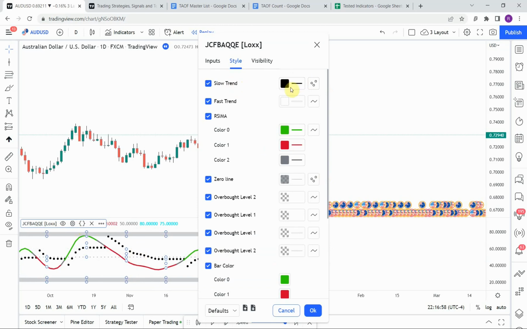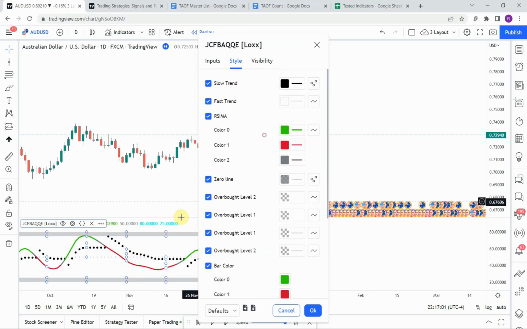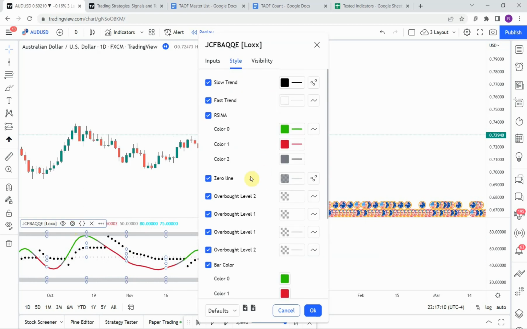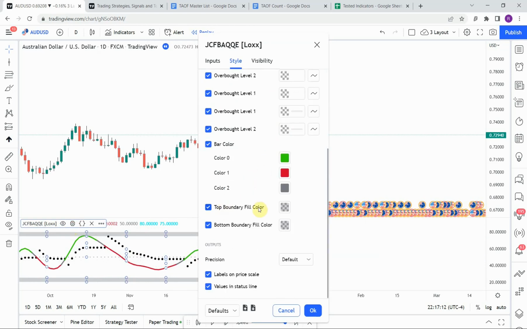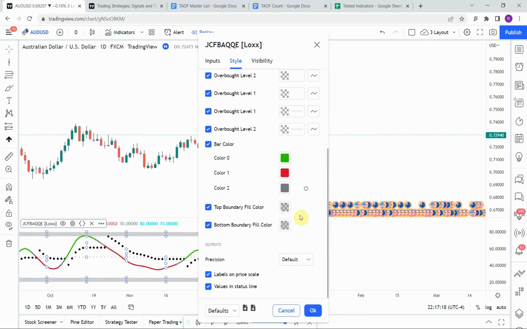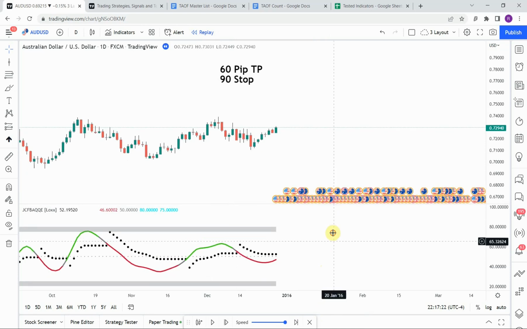I went ahead and put them on black, and I bumped up the line weight of them one step up, so that way they're just a little bit easier to see. And then the top boundary and the bottom boundary, I bumped up the opacity to 35%, again just to make it a tad bit easier to see.